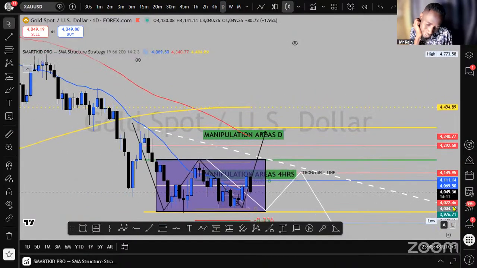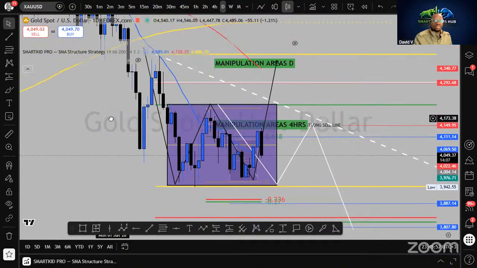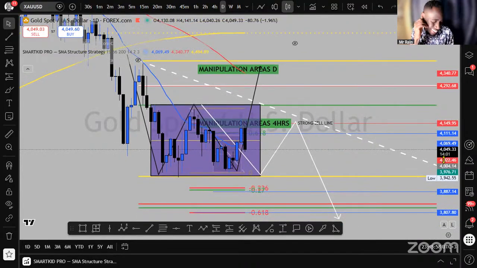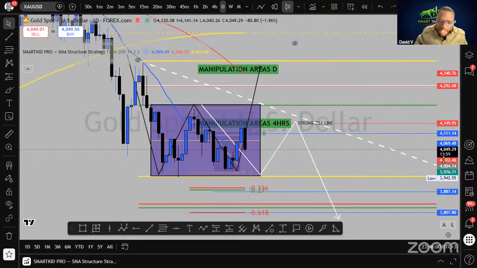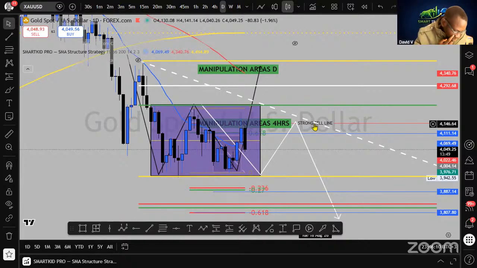You said manipulation areas. You know, I made a certain mistake at that area. I cannot forgive myself. Oh no, my strong sell is happening. It is playing out, and I did not take that trade. What I remember I did, I had a nice box around that area.